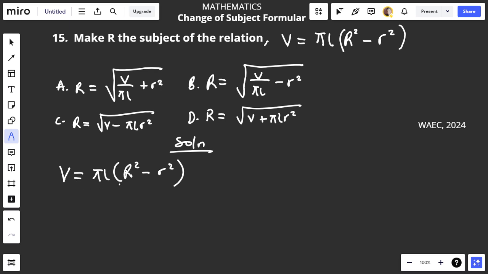According to the rules of subject of formula, our goal is to transfer all the variables and constants that are not R to one side of the equation. So how are we going to transfer pi, L, small r, and this square of r to one side?